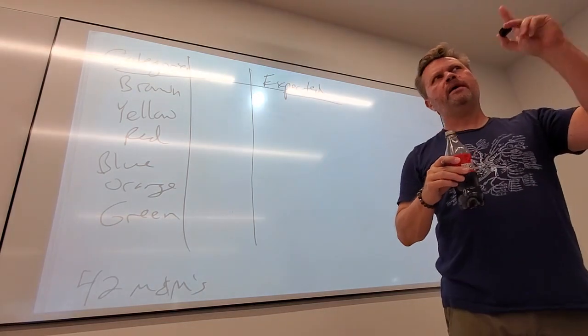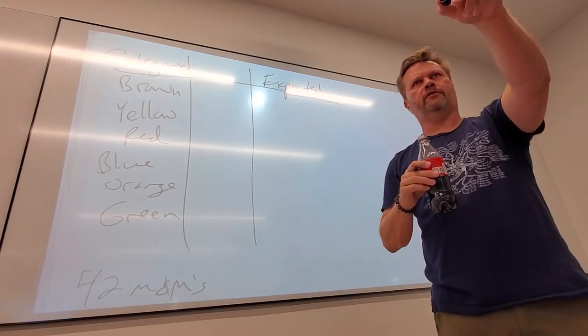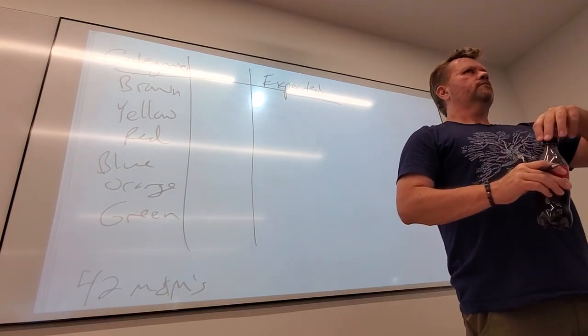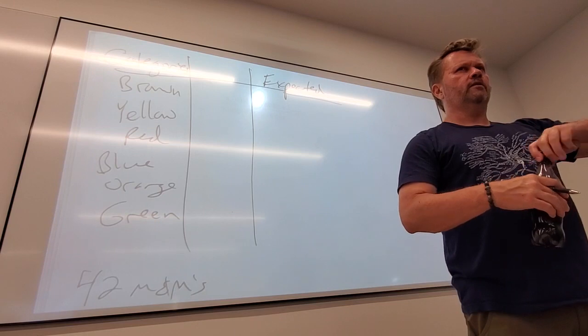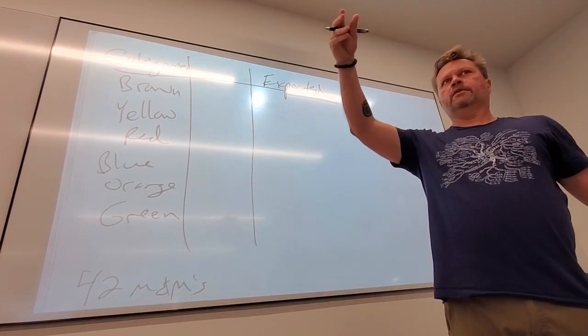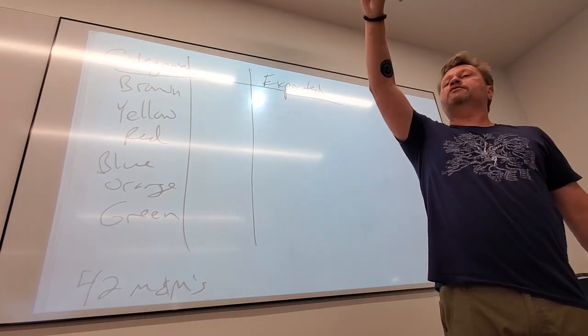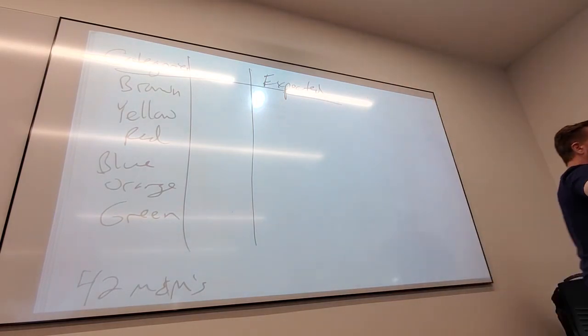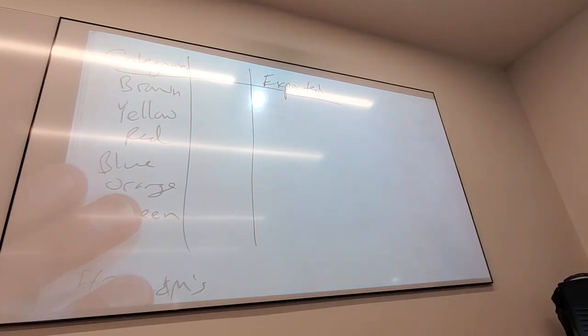So if I'm expecting it to be uniformly distributed, for each one to have the same number, how many should each of them have? 7. Right, 42 divided by 6, 7. So if I'm thinking it's going to be uniform, I can put down 7. I expect there to be 7 of each.